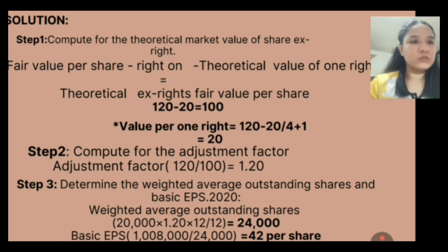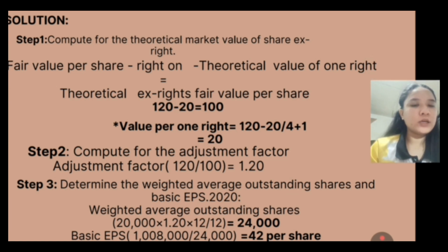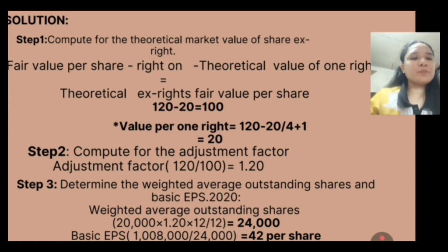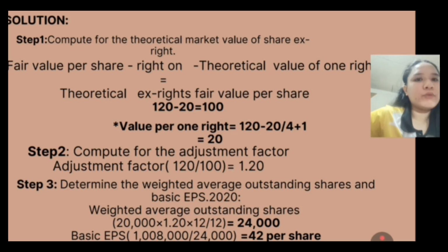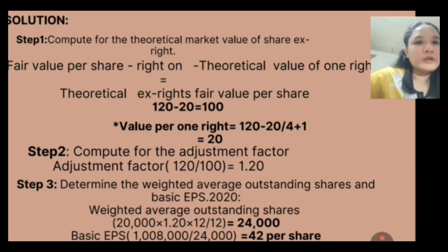So we have here the solution. The step 1 is compute the theoretical market value of share ex-right. So pag-compute nato is fair value per share right on minus theoretical value of one right. So it's equals to theoretical ex-rights fair value per share.